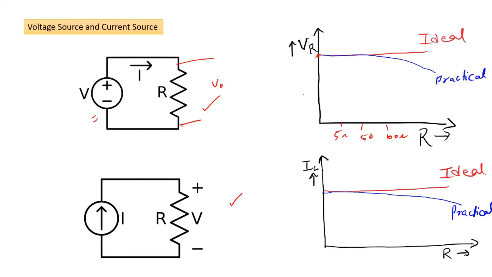Similarly, there is something called a current source. The direction of the arrow implies the direction of current. If the source has an arrow pointing downward, that means the current will be in the downward direction. A current source is defined as a source which provides a constant current.